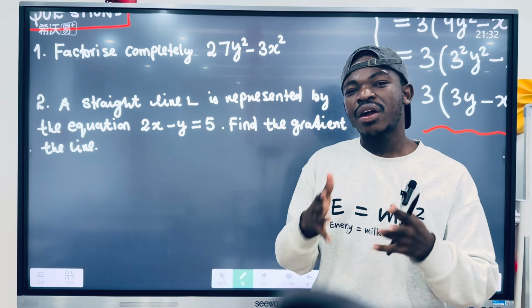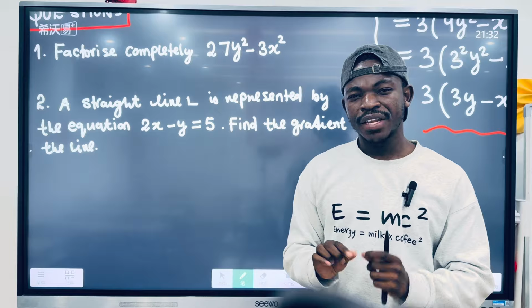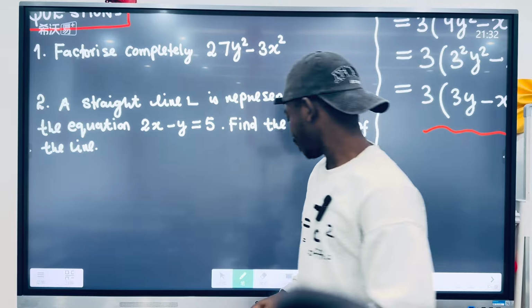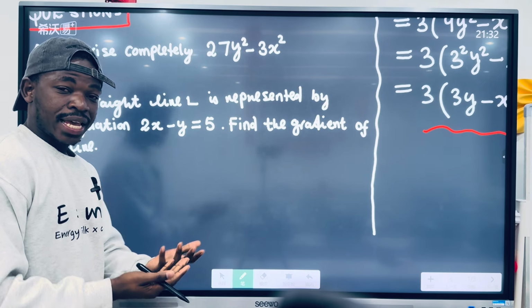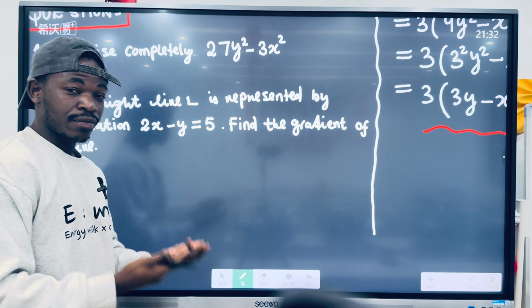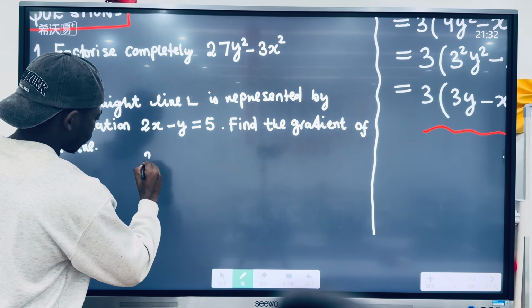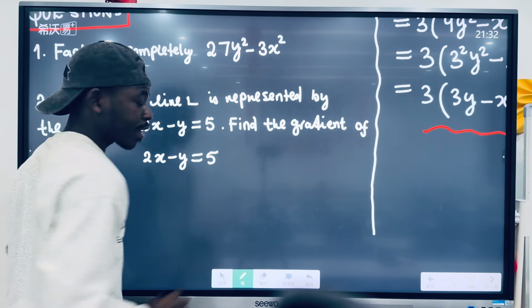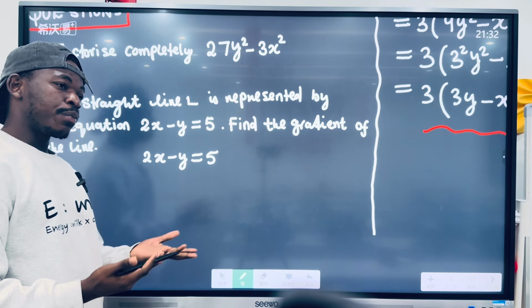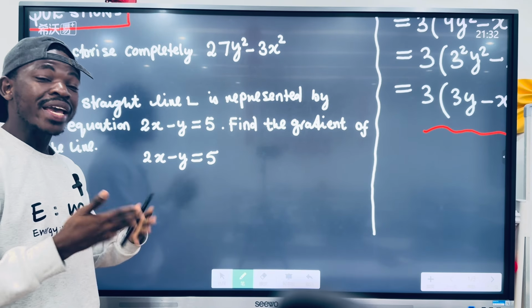So how do you find the gradient of a line if you are given its equation? Very easy. Let's do it. So you are given the equation of this line, then you want to find the gradient of this line. The first thing, let's bring it down. So we have this line, 2x minus y equals 5. Okay? So I want to introduce you to the standard equation form of any straight line.